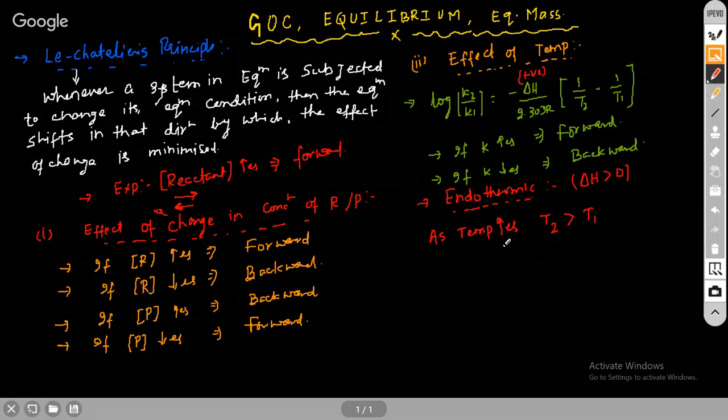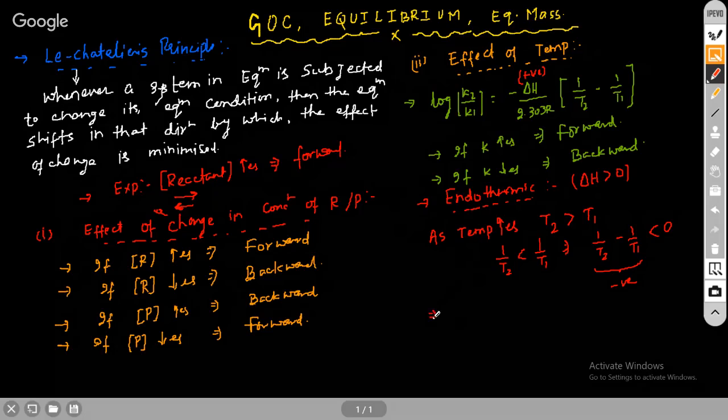So we can write 1 by T2 is less than 1 by T1, and hence 1 by T2 minus 1 by T1 is less than 0, which means this value is negative. When this value is negative and the other is already negative, negative times negative is positive.